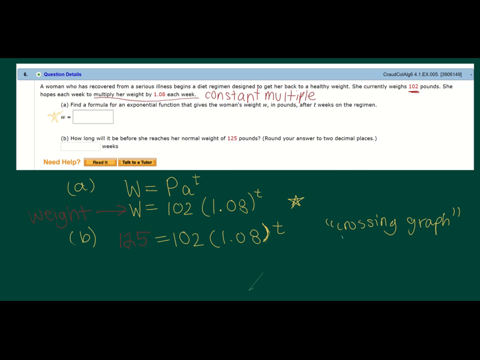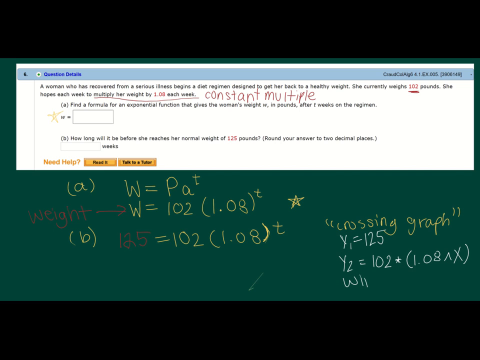My left-hand side of the equation is y1, and the right-hand side of my equation is y2, which is 102 times 1.08 raised to the power of x. Actually, I need to erase that t, because we're not using t when we use the calculator. When we answer the question, yes, we will use t, but when we use the calculator, we use y and x. So I've corrected that for you.